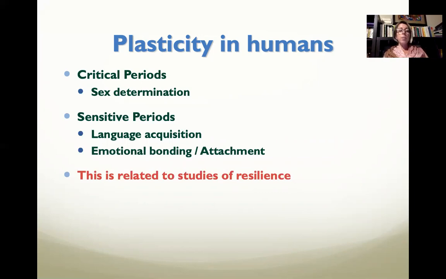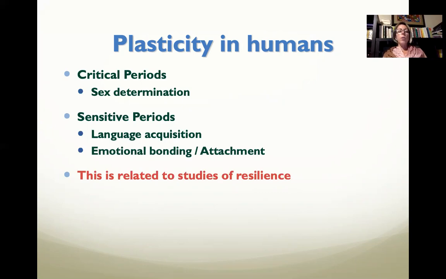We have sensitive periods, however, for language acquisition and emotional bonding or attachment. You may have studied these in other classes, but the idea here is that it's not the case that if it doesn't happen at this point, it's not happening. That's critical. For a sensitive period, if it doesn't happen at this point, it's a ton harder.